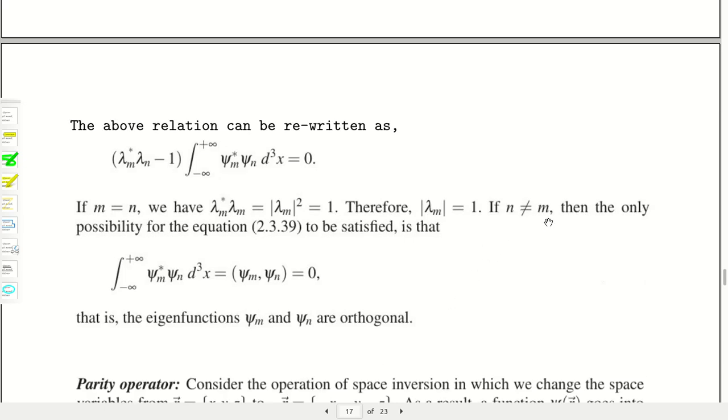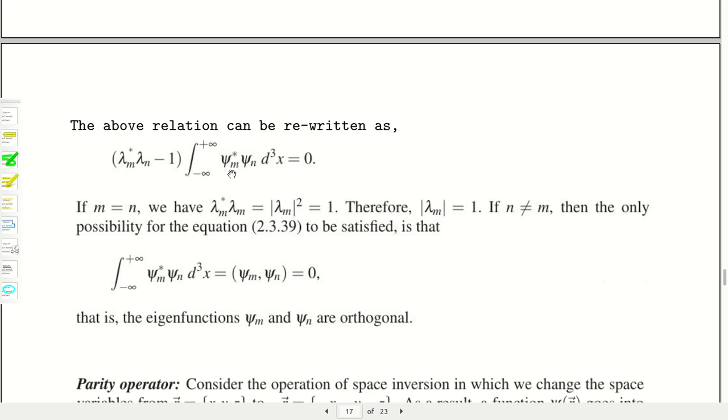And if n is not equal to m and they are non-degenerate, that is lambda m and lambda n are different, then the only possibility of this equation being 0 is that the integral is 0, because you cannot guarantee that the other factor is 0 all the time.